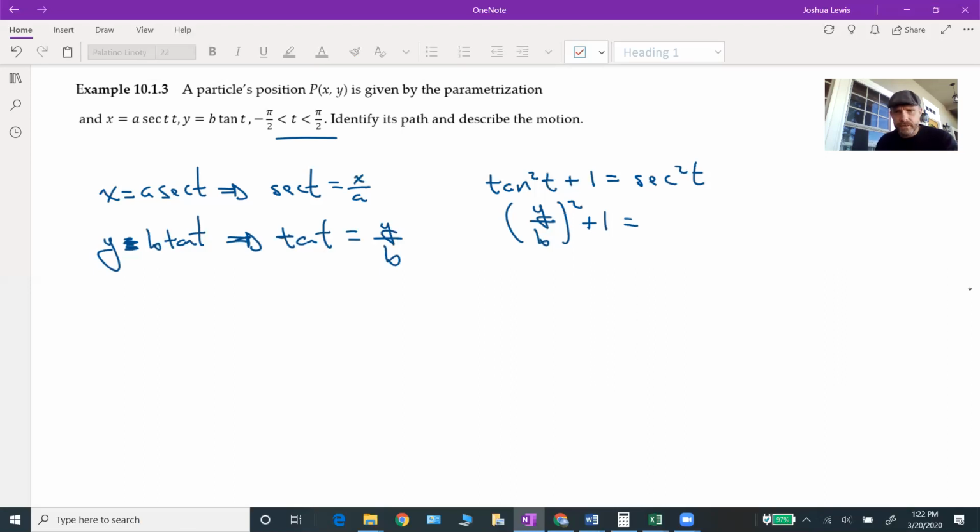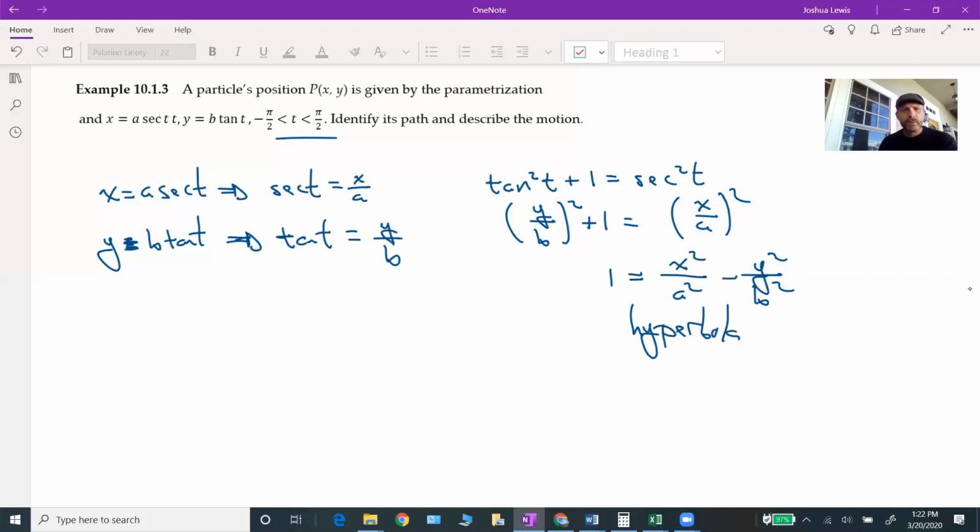Let's see, secant was x over a. Oh, okay. So 1 is going to be x squared over a squared minus y squared over b squared. What is that? Well, it's a hyperbola. But how do I know what side?